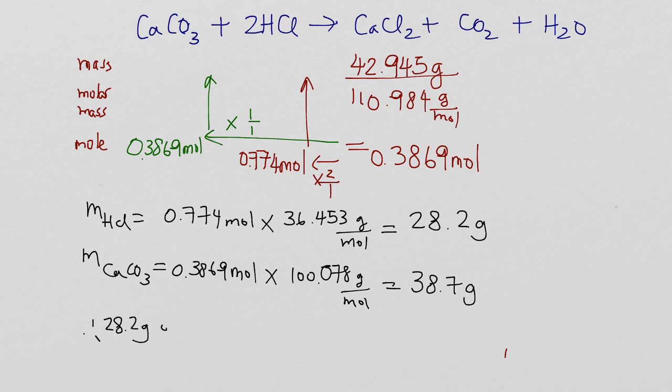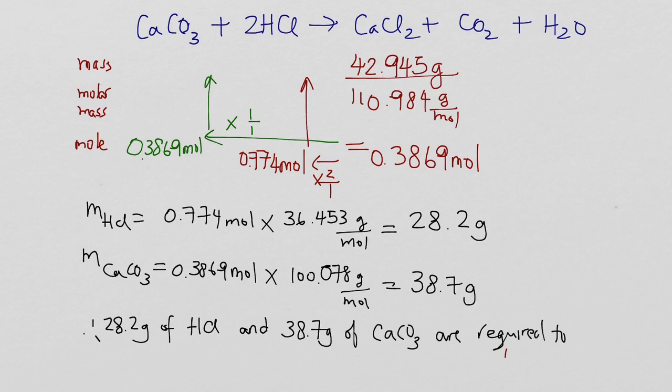So therefore 28.2 grams of HCl and 38.7 grams of calcium carbonate are required to make 35.0 grams of calcium chloride.